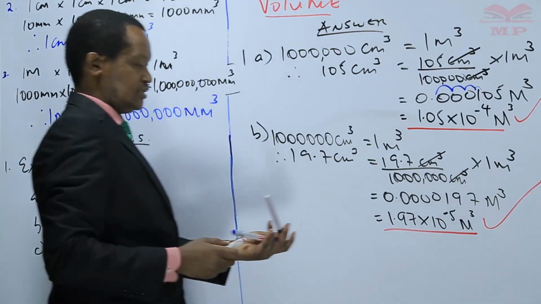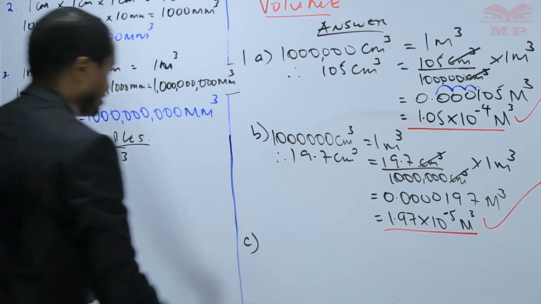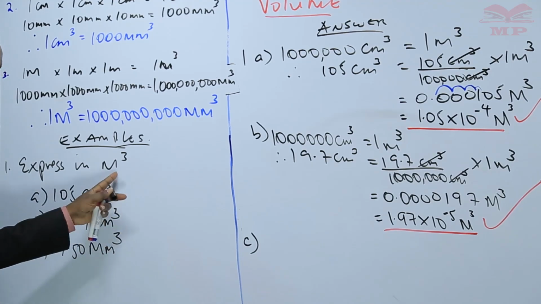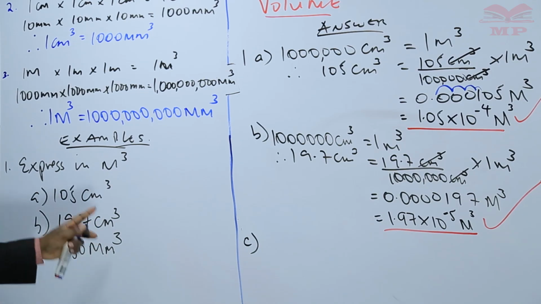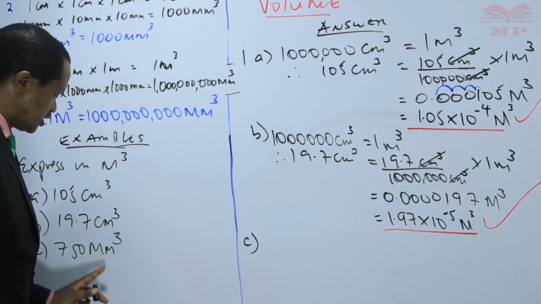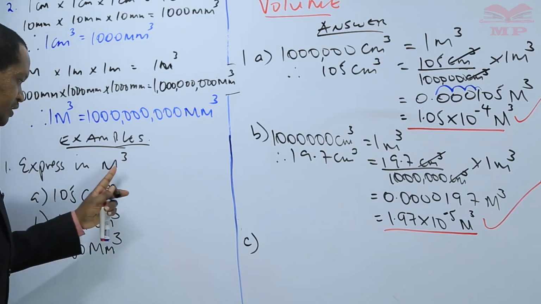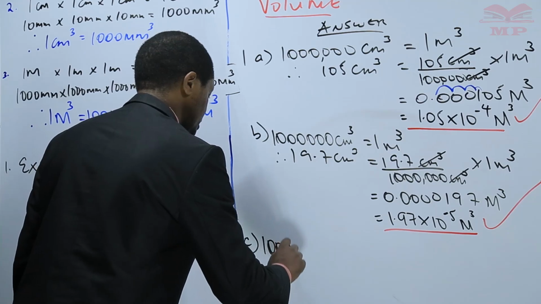Correct. Let's move on to part C. In part C, we are converting cubic millimeters to cubic meters, and we know 1 billion cubic millimeters is equivalent to 1 cubic meter. A billion has 9 zeros.